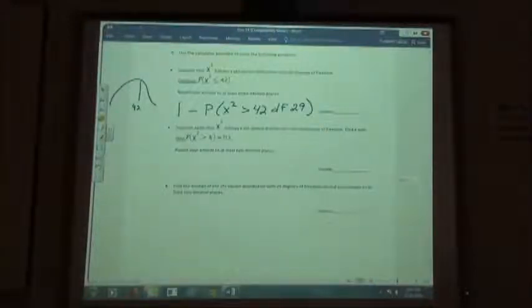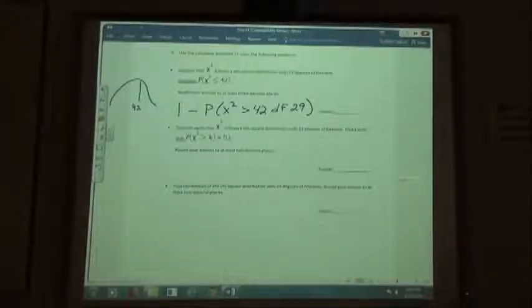Whoops. Let me think what you got punched in there. Okay, clear that out. So 1 minus, oh, you didn't do the 1 minus, okay. Do 1 minus first. The number 1. 100% minus the P, there we go. And then the 42 with a degree of freedom of 29.